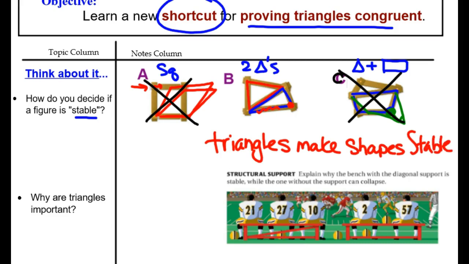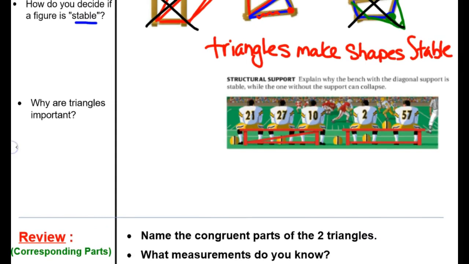If we look down here at these football players, we notice that they're sitting on two benches. If we look real closely, we see that this first bench is a rectangle, but it does have a brace that goes right down here. And if I look at that closely, I notice that I have two triangles inside that brace, right here and right here.